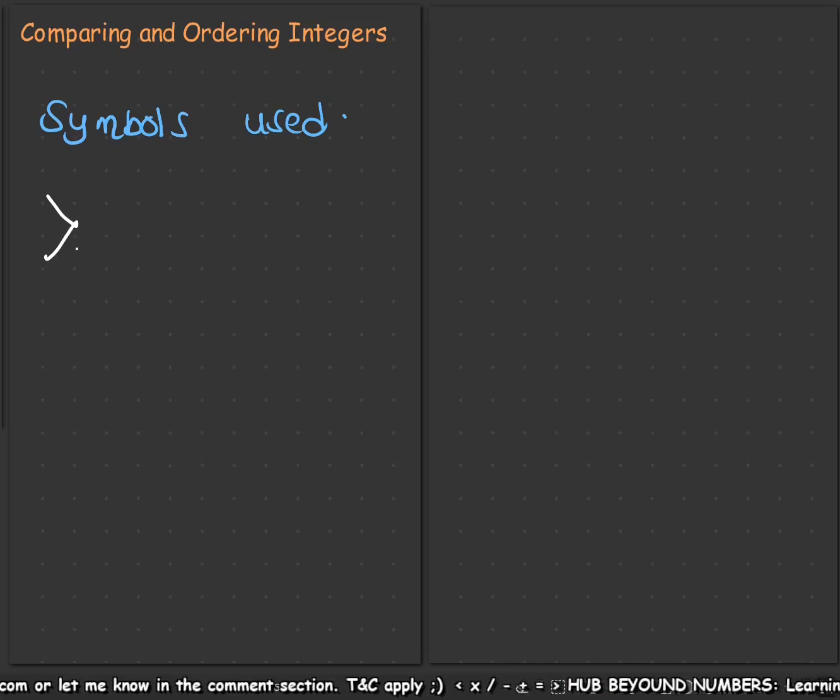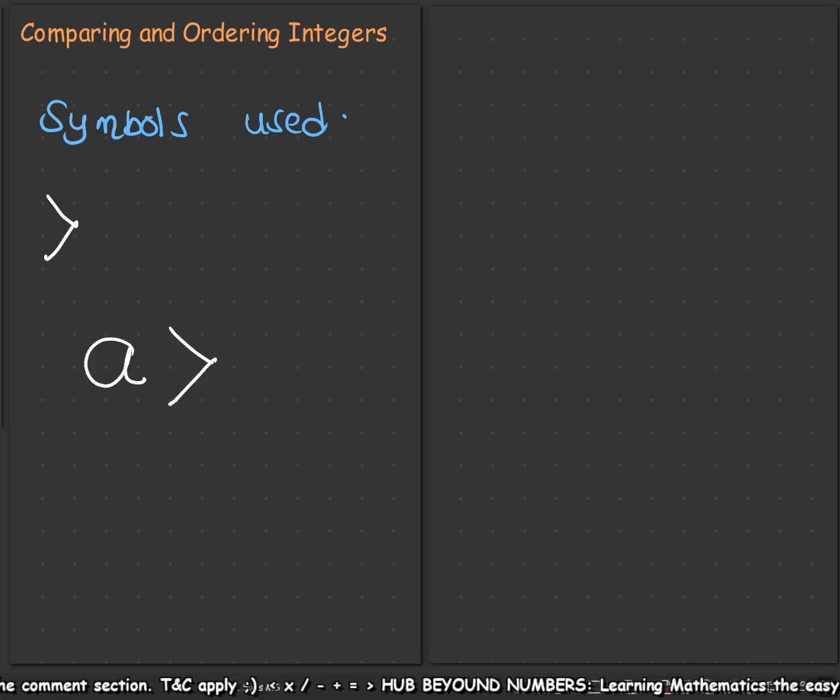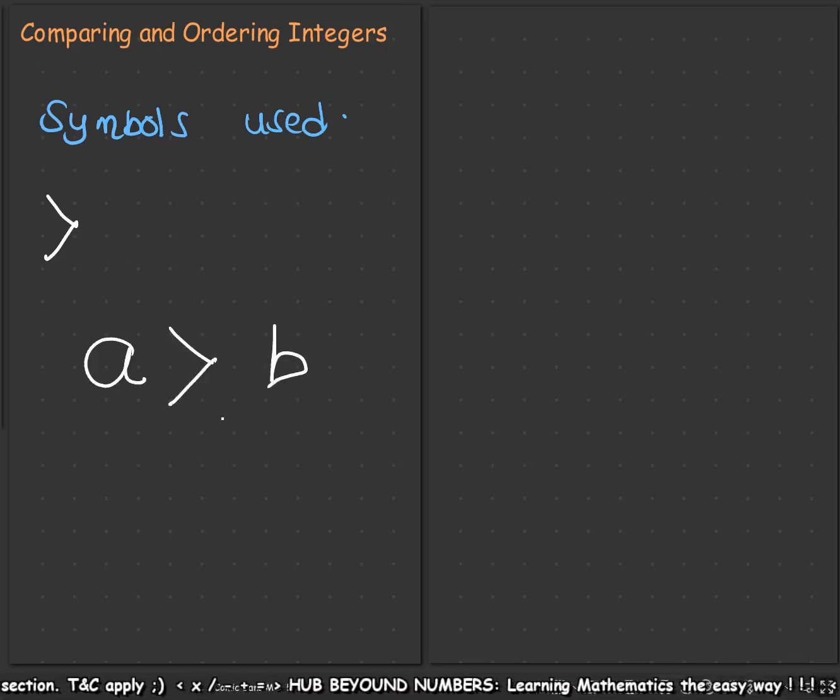So if I write A and then I put my symbol here and I put my B, the open face would always face the one that is big. Hence, I can read this as A is greater than B, because the open face is facing A, whereas the pointed face is facing B. So A is greater than B.